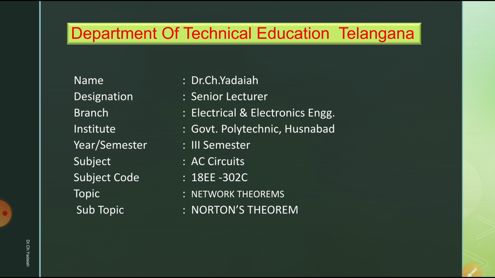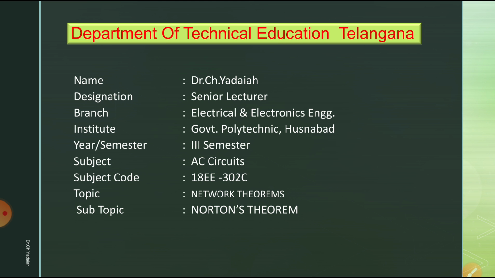And if the network is complex and has more sources, then we want to know the impact of different voltage sources and current sources on a particular element. We consider one source at a time, and the remaining sources are kept aside with their internal resistance, in the superposition theorem.